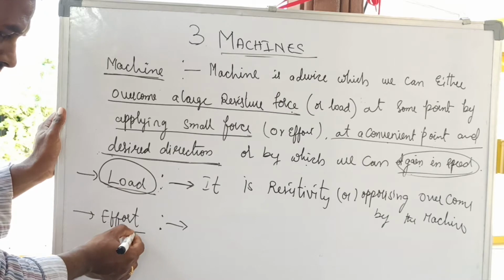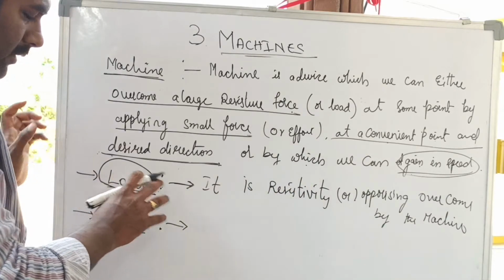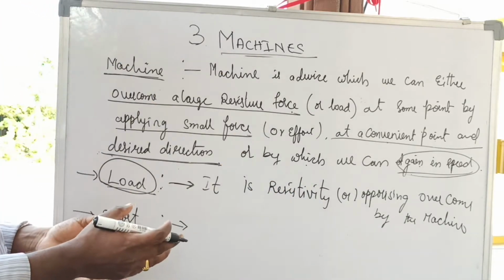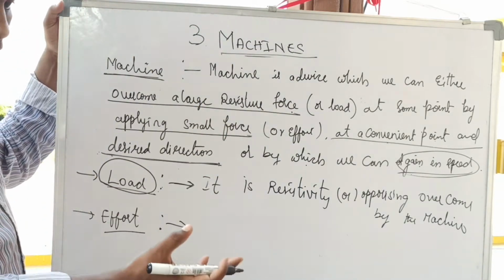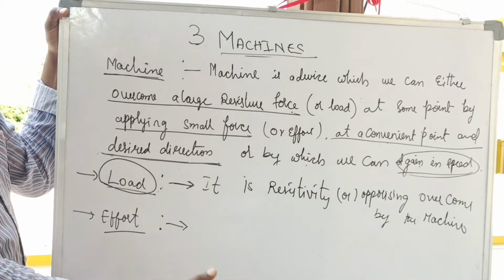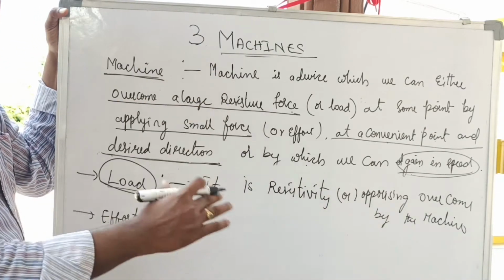Okay, what is effort? Machine should overcome means whatever the load we are keeping. In this example, suppose we are taking clothes and keeping them in a washing machine. So the load will be the clothes, and effort is nothing but the current supply for that.